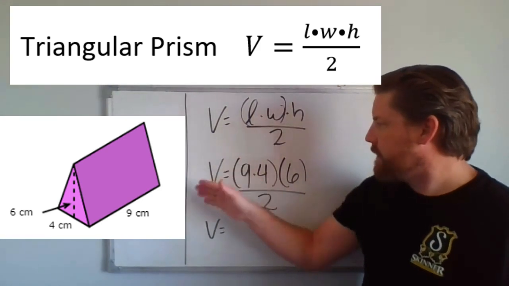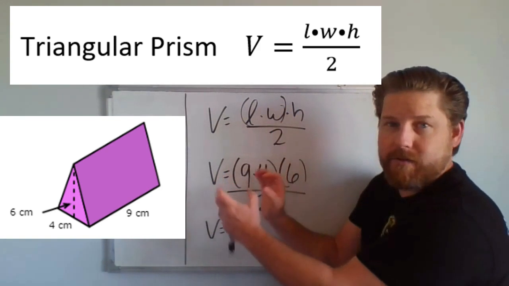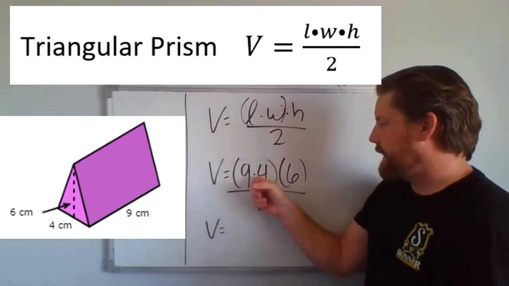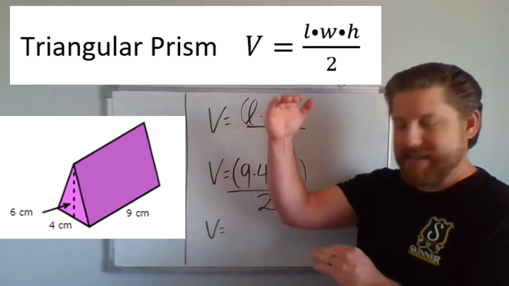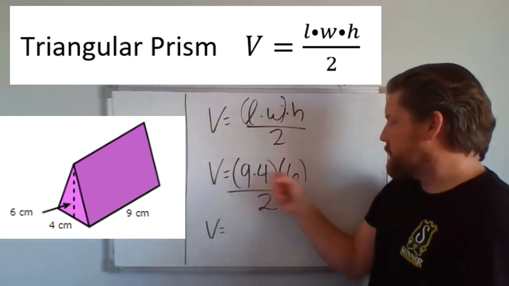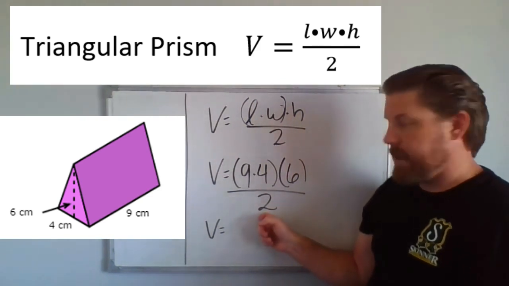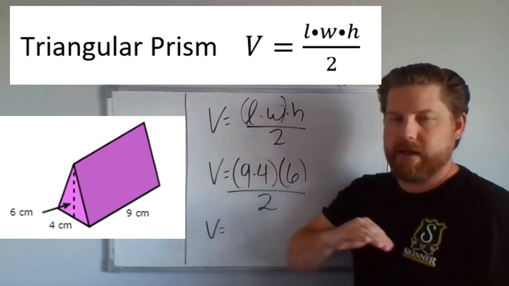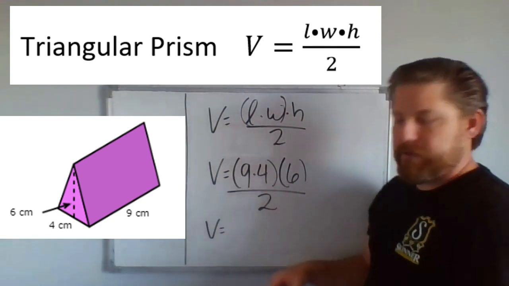Okay, so the volume of this triangular prism, we first want to look at the base. The base is a 9 by 4 rectangular base. We want to find the area of that first. And then we multiply that by 6, because that triangle is 6 centimeters high. And then we're going to divide it by 2, because it is a triangular prism, not a rectangular prism. So then we're just going to cut that in half, and we'll get the volume of the triangular prism.